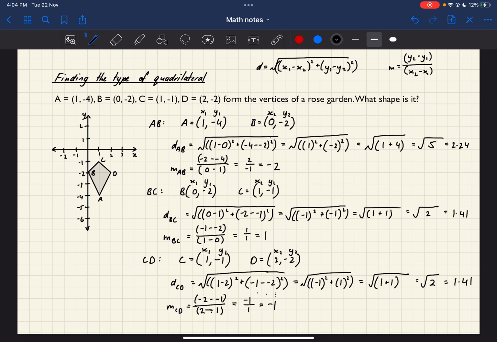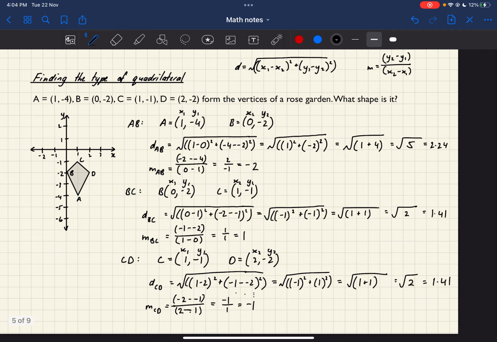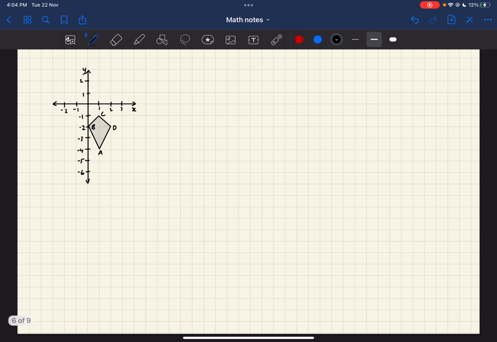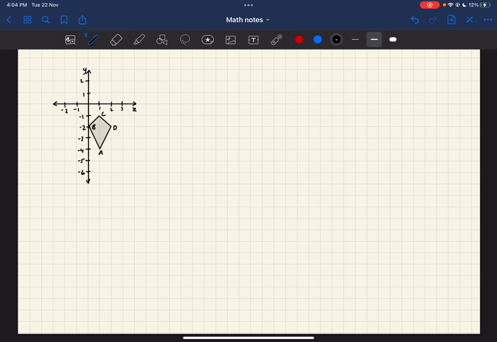And then we've got our last one, which I don't have enough room for on this page, so we'll do a new page. We've got AD, where A equals (1, -4) and D equals (2, -2), x1, y1, x2, y2.